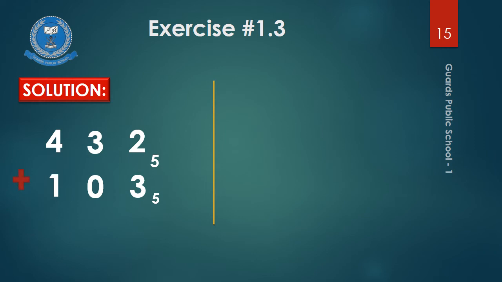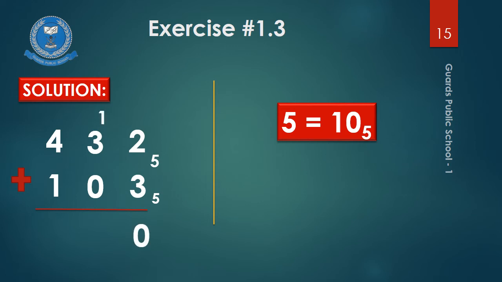Write down sign of addition, draw a line. 3 plus 2 equals to 5 and 5 is not a base 5 digit. It is equals to 1, 0 with base 5. So write down 0 and 1 as carry on 3.